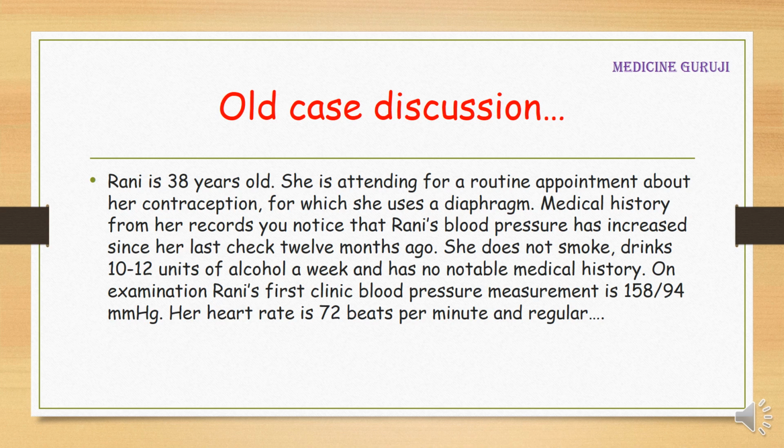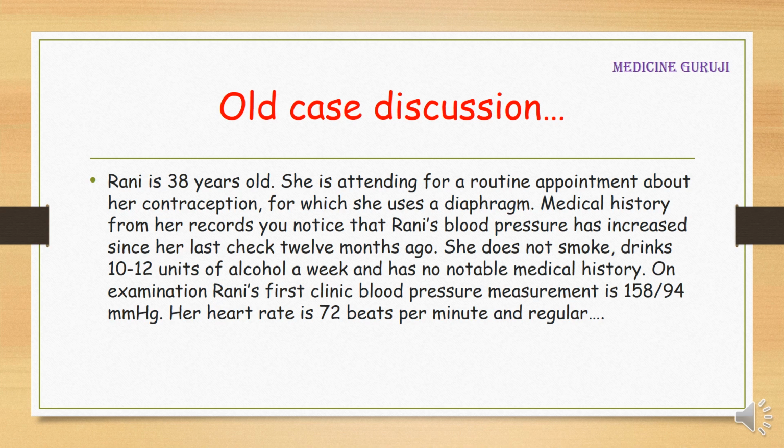She is not a smoker, but she drinks alcohol, 10 to 12 units a week, and has no notable medical history. First clinical blood pressure measurement is 158 by 94. Her heart rate is 72 and regular. So, what should be the approach?